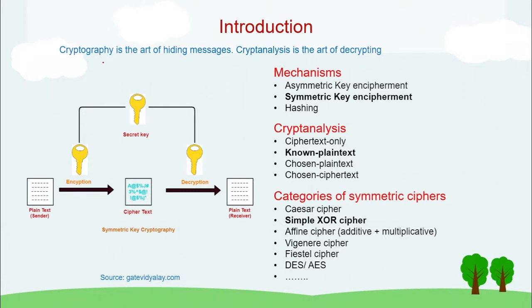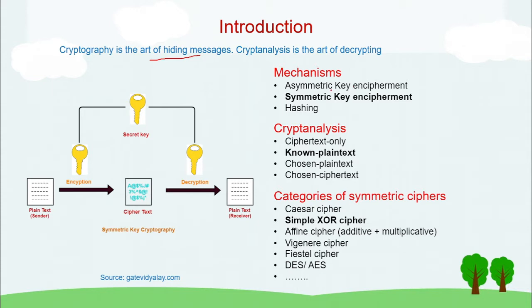When a sender wants to send information to the receiver, he doesn't want others to see, so he will hide the message. But the adversaries will try to catch that hidden message and try to decrypt it. So we are going to see how to do the decrypting for a particular type in this video.